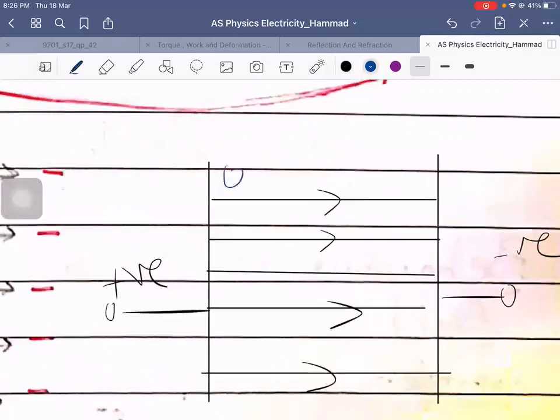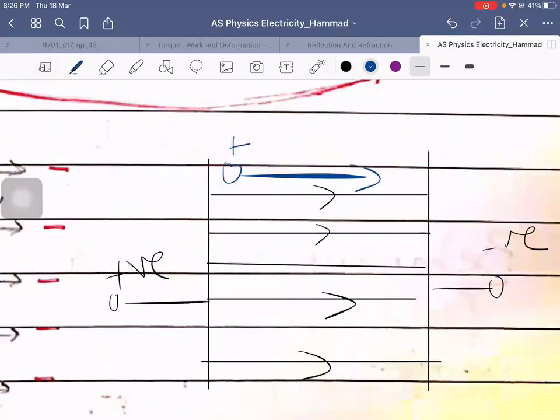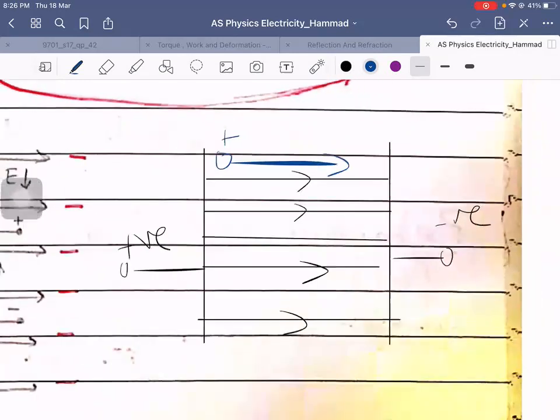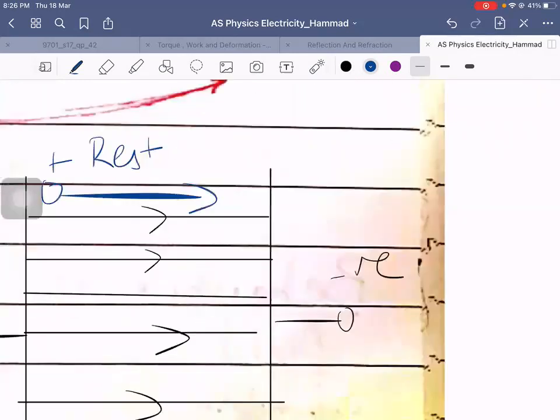For a minute, think of a positive charge that starts off from rest towards the negative plane. When it moves, it had gained kinetic energy.